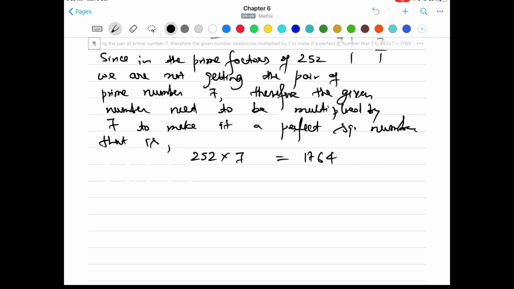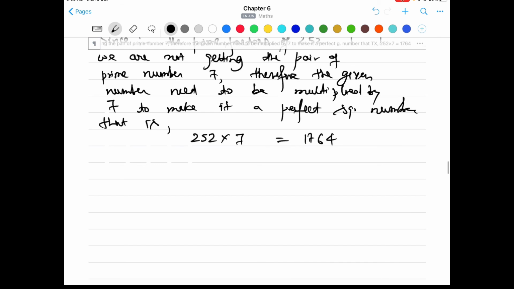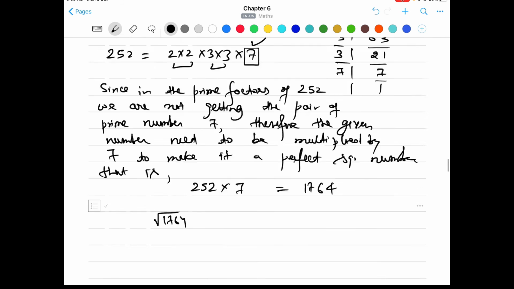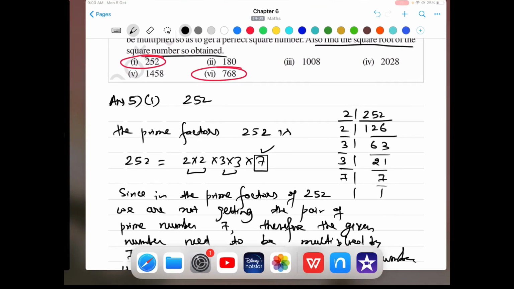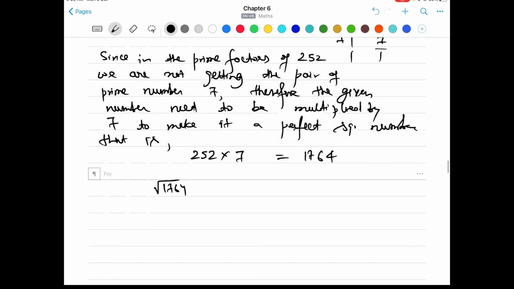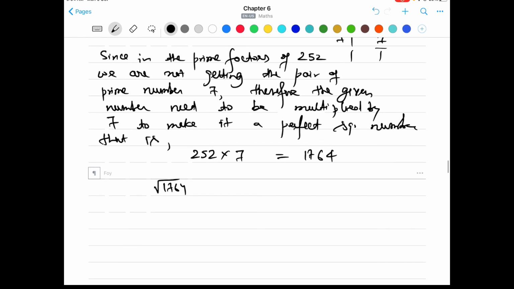So we got the number 1764. The square root of this number will be: 2 into 2 is 4, into 3 is 6 into 7 is 42. So the square root of this number will be 42. Okay, so that's the answer.